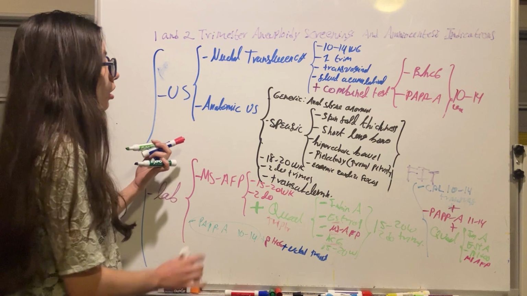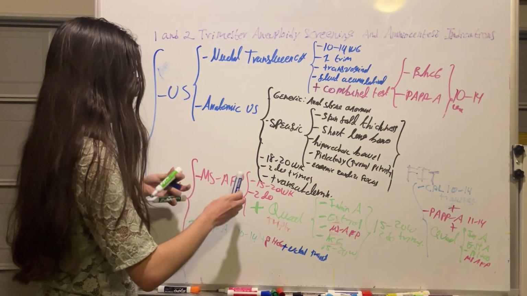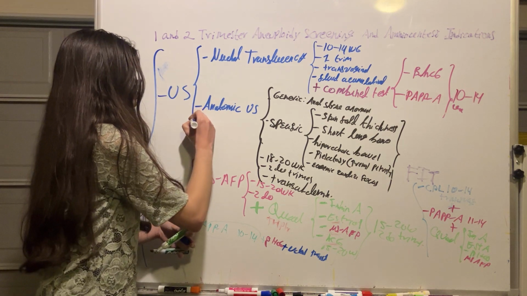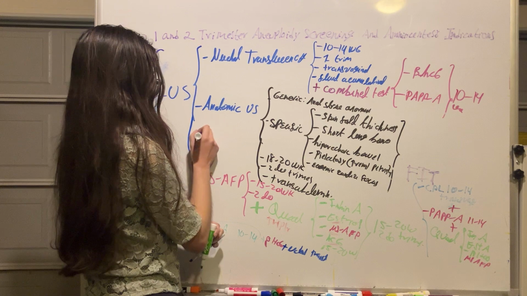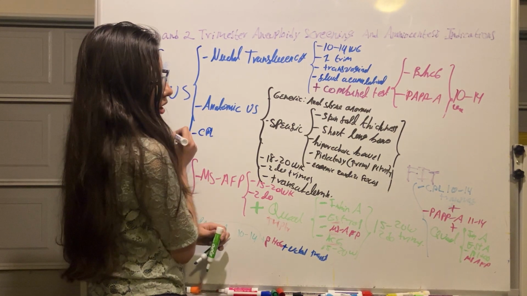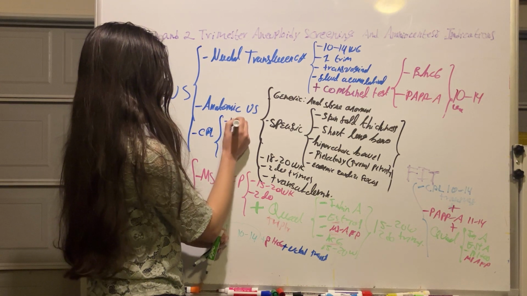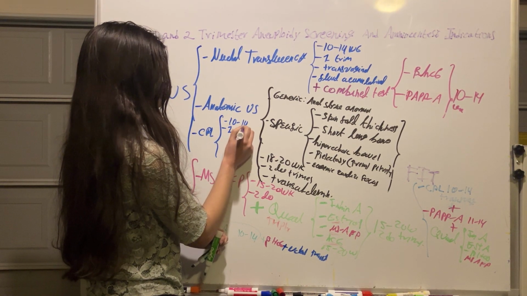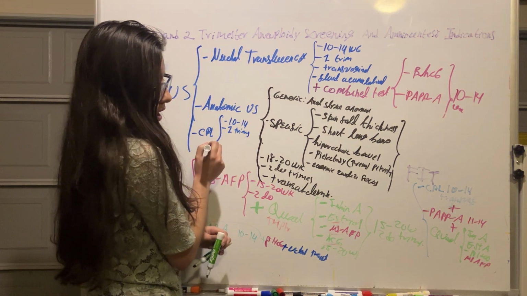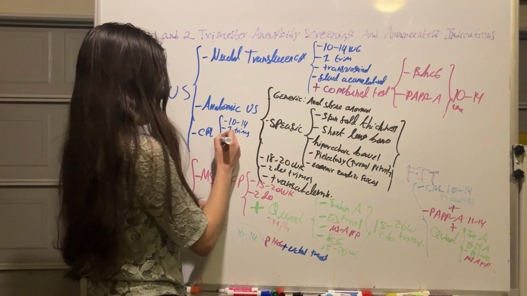So here I will also add in ultrasound the crown rump length measurement between 10 to 14 week gestation, so during the first trimester, and this is with transvaginal ultrasound.